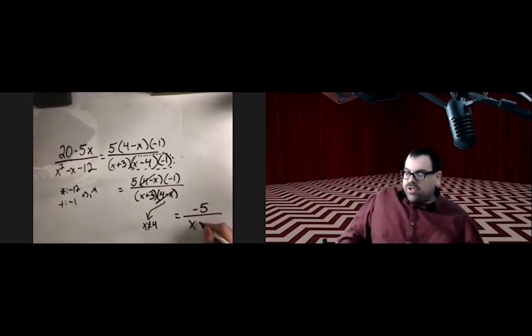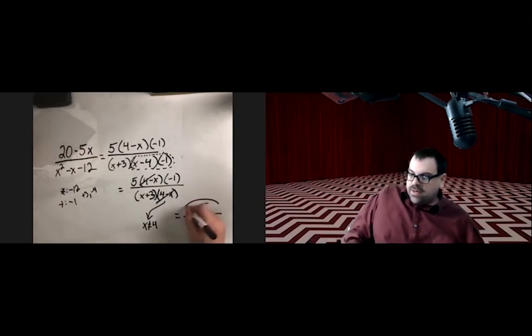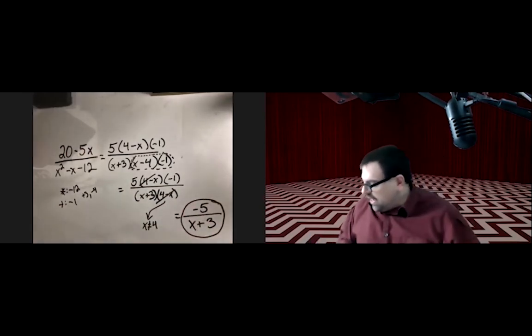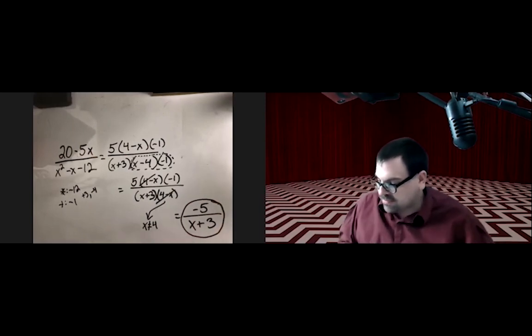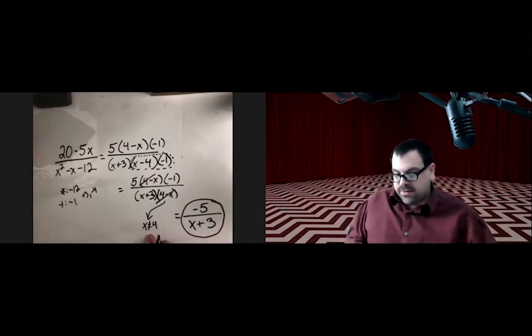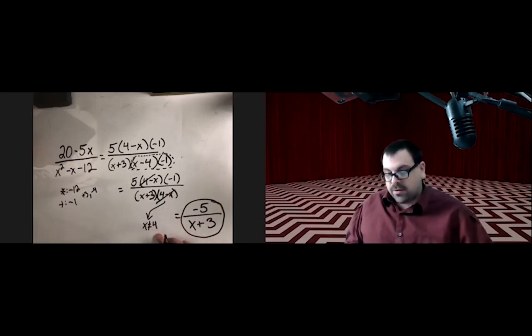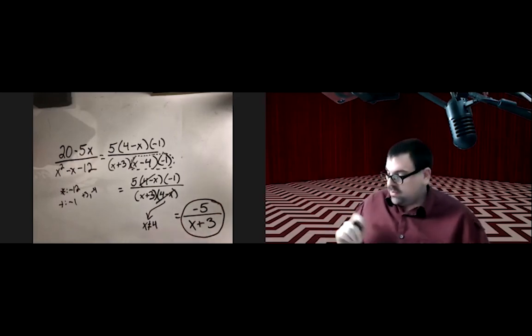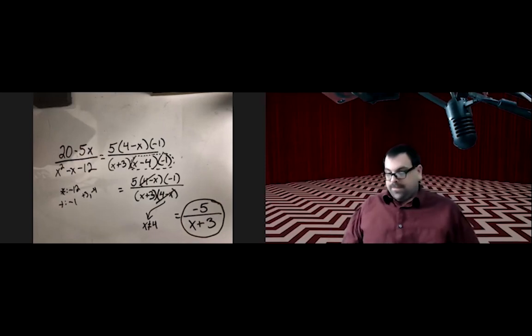And on the bottom, we just have an x plus 3. Negative 5 over x plus 3. If you wanted to write x can't be positive 4, feel free. It's actually more correct if it's there.